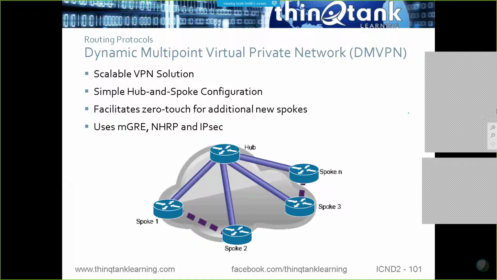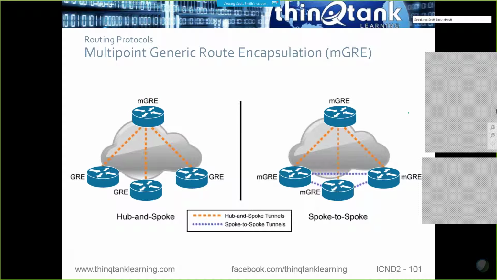Now again, I want to make it clear what the benefit of DMVPN is. It allows us to establish this virtual private network over public broadband internet, or just standard internet access. All right? So the first thing that happens is we set up these things called hub and spoke tunnels.